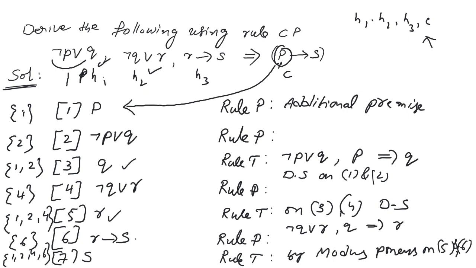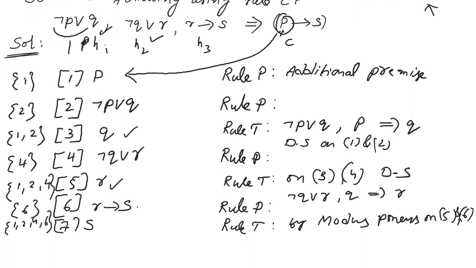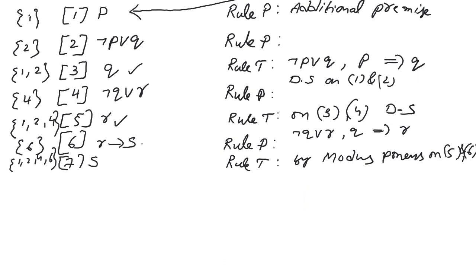Now see, I started with an additional premise P. After using all these premises, I arrived at the conclusion S. That means by rule CP, step number eight is P conditional S follows.